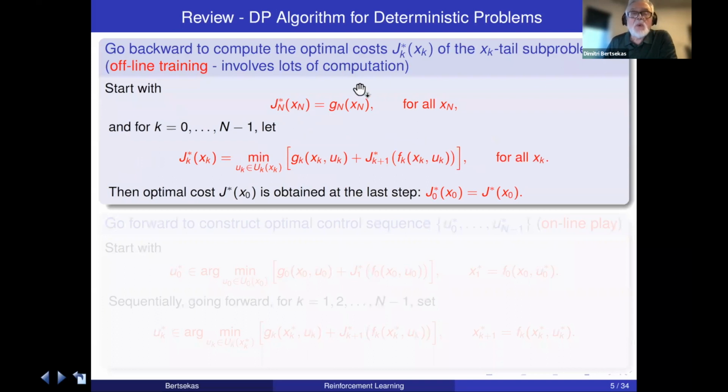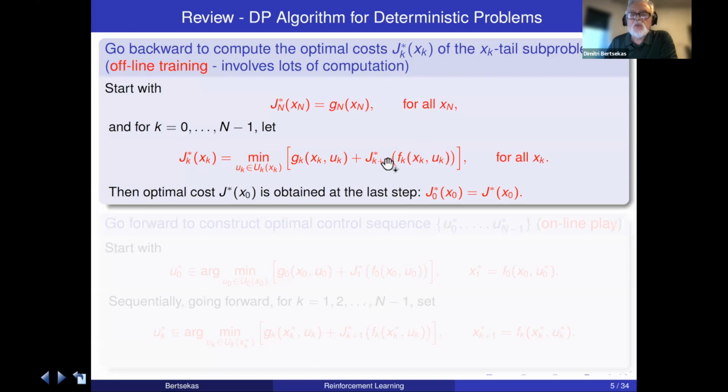And the dynamic programming algorithm for this problem involves a backwards computation to compute the optimal cost, Jk star of xk, of the tail subproblems corresponding to the states xk. Okay, so how do we do this? We start with the terminal subproblem, and this is the initial condition for the computation.